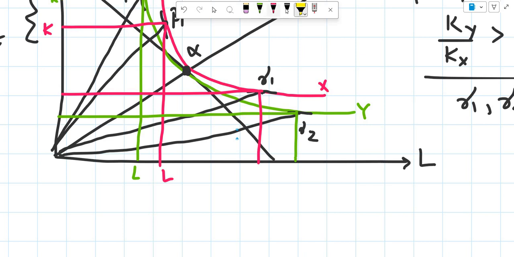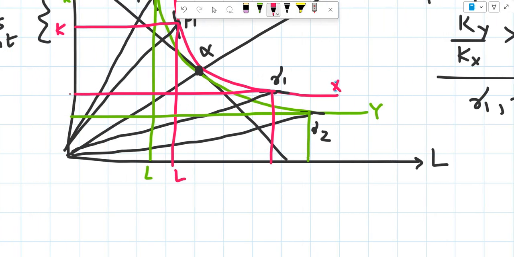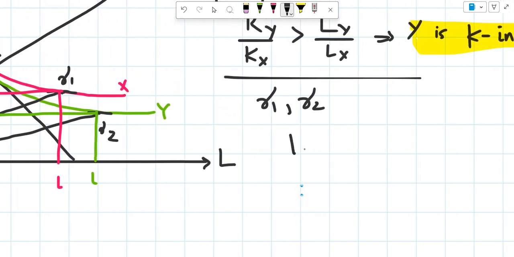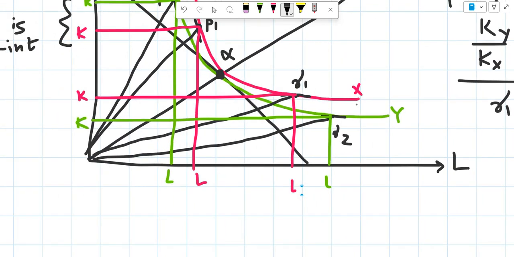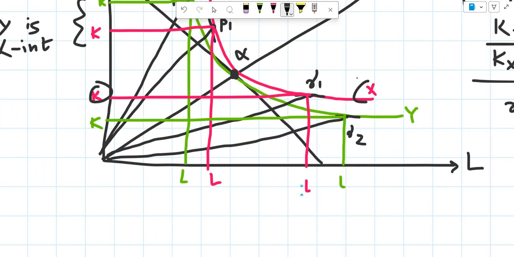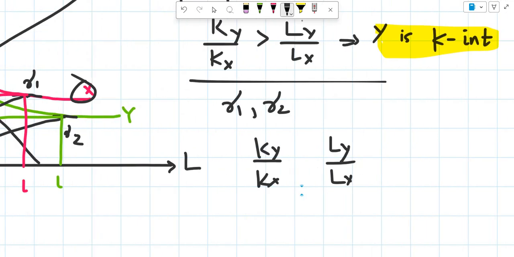Now if I look at these 2 points and I mark this to be capital, this to be labor, this to be capital, this to be labor, I write the same expression, capital used in Y by capital used in X, sorry, not that, the L used in Y, L used in X. Capital in X is higher.